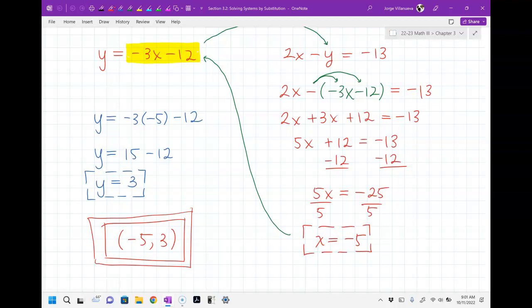So you only need one equation to solve for y? Or x, yeah, you could solve for y or x. Most people always solve for y, but x sometimes is easier depending on what the equation looks like. The question, if you didn't hear him, was, could I have taken 2x minus y equal -13 and solved that one for y?